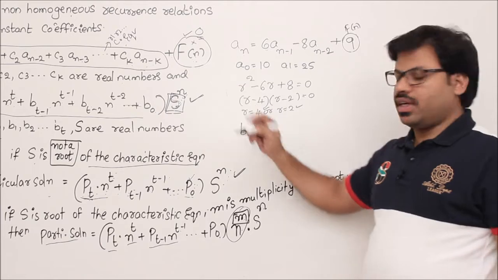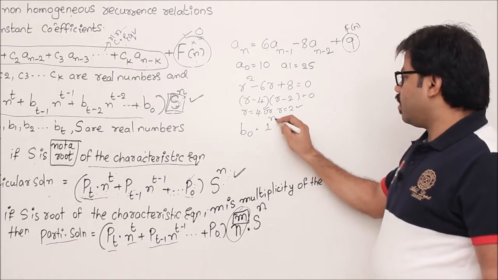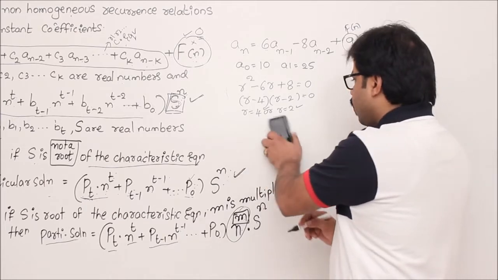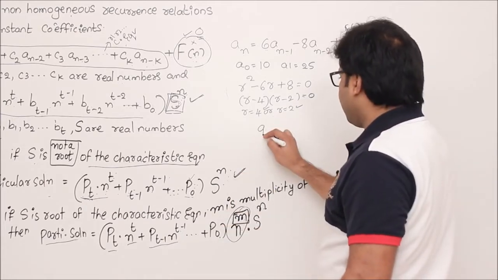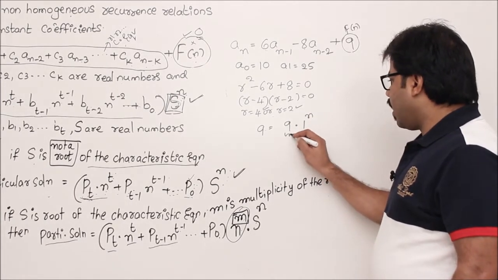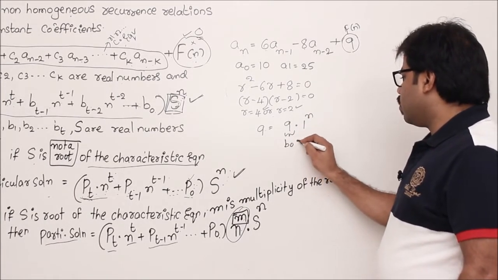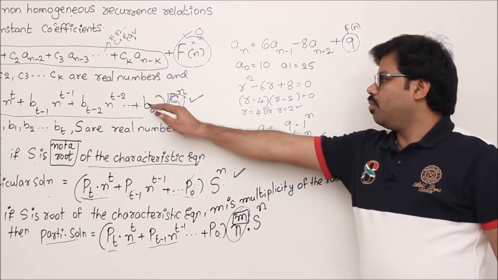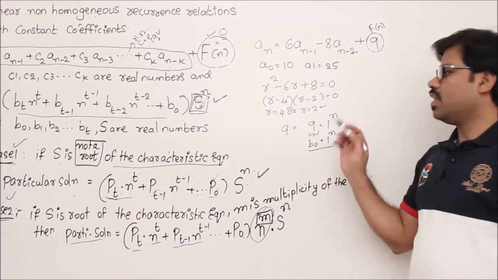Sir, we don't have s power n, then we can write 1 power n. Try to understand. So your f of n is 9, right? 9 can be written as 9 into 1 power n, where 9 can be treated as b naught. So now your equation is in the form b naught into 1 power n, where b naught is 9.